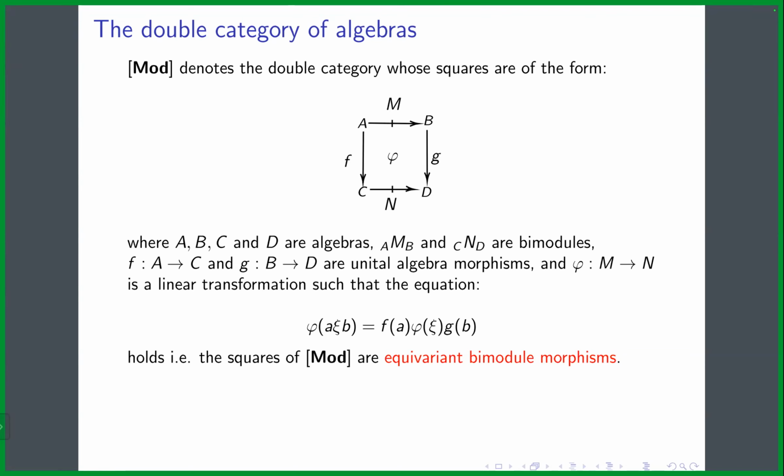And now two cells, or squares, are again linear transformations from M to N, but that satisfy this sort of equivariant bimodule condition. So the squares in bracketed Mod are equivariant bimodule morphisms.